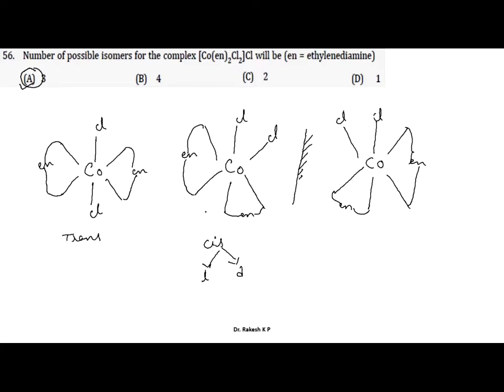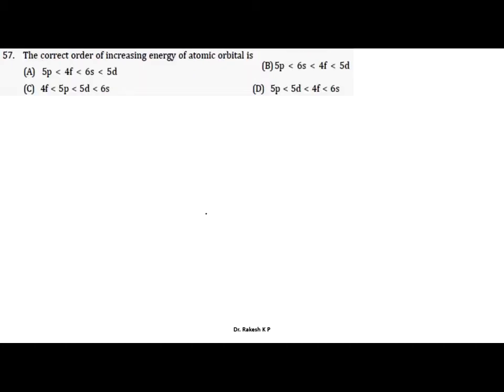Okay, so next one, see the next one here. The correct order of increasing energies of atomic orbital is. Let me take this one here. We have 5p, and again we have 4f, 6s, and the next thing is 5d.